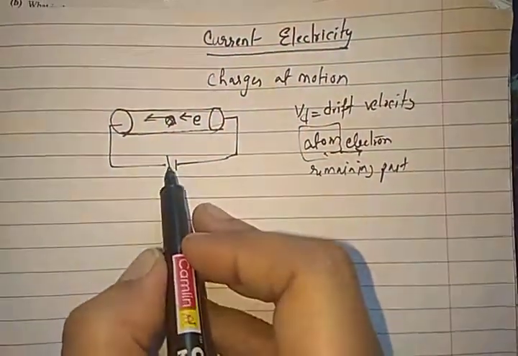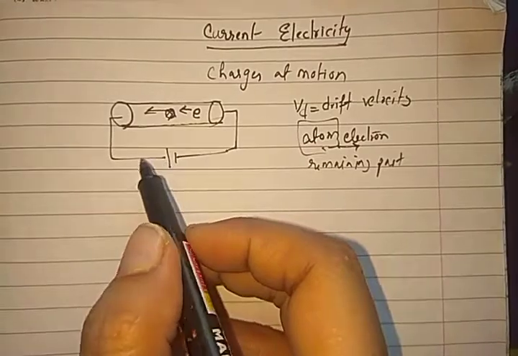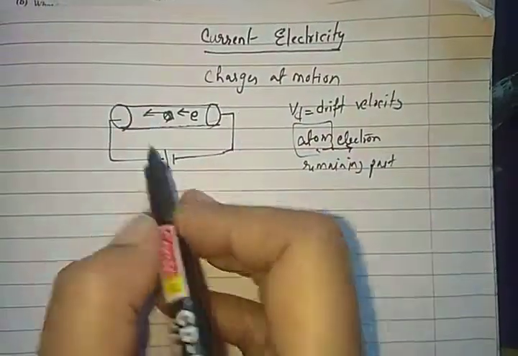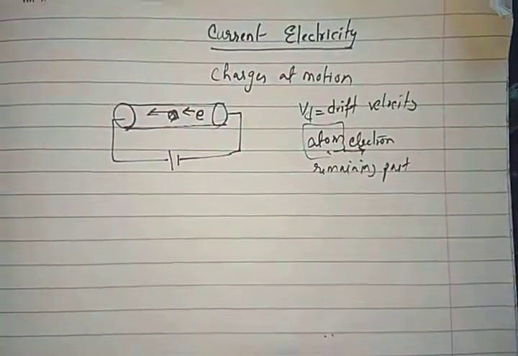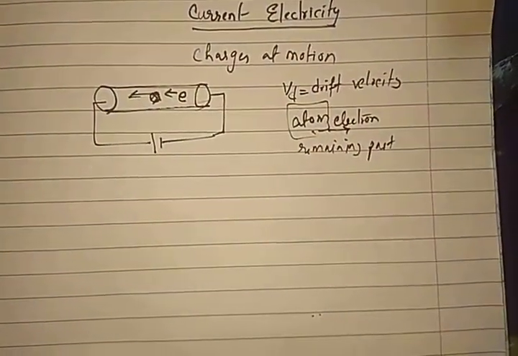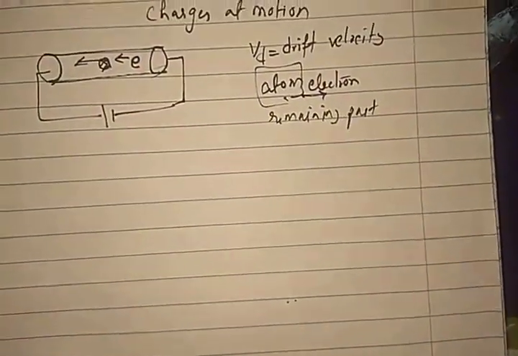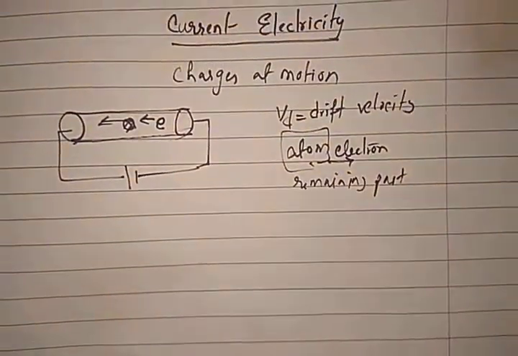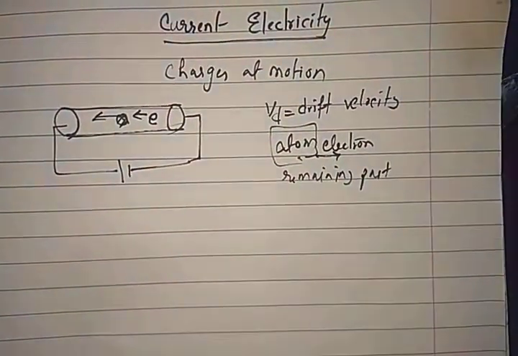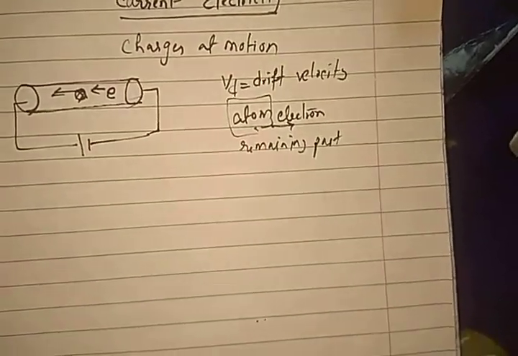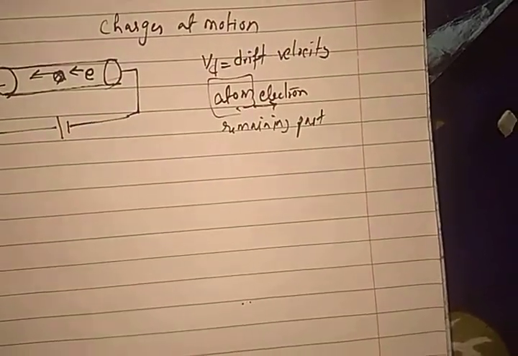Now this battery does not apply charges. What does the battery do? It sucks the electrons towards itself. Every electron has its own initial and its own final velocity, and the cell is a source of energy.